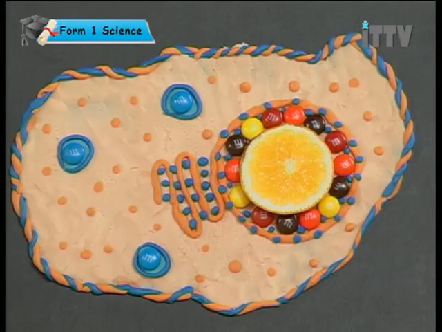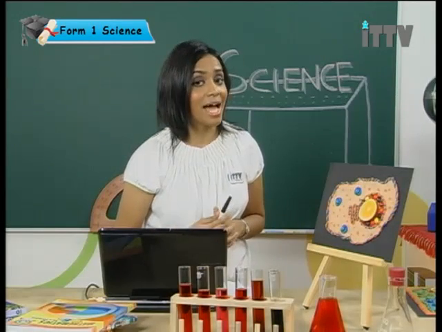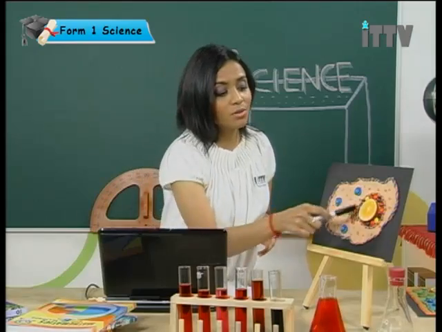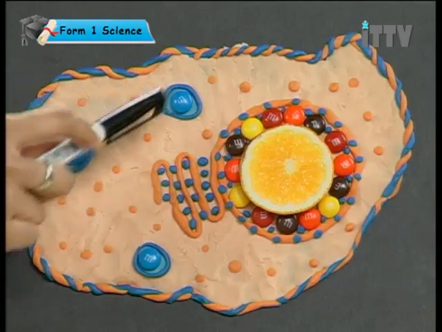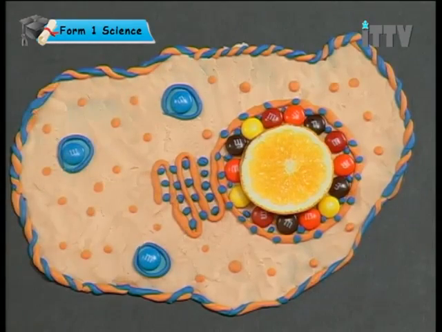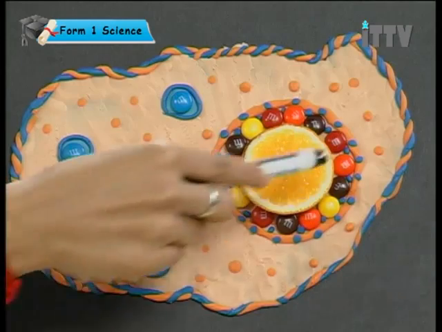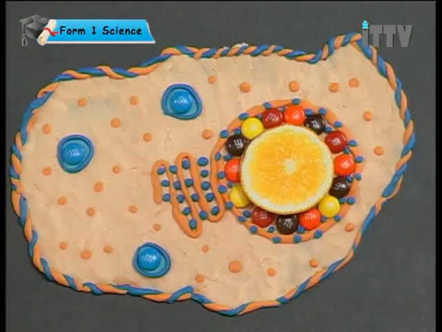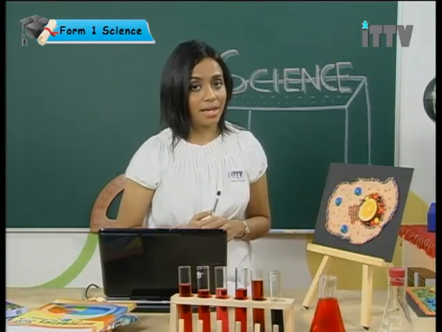So, whenever I remember the oranges, I will remember that animal cells have a nucleus. The small blue M&Ms here I have used to represent the small tiny vacuoles which animal cells have. These colorful M&Ms also resemble the layer of the nucleus. Remember that the nucleus is always covered by a layer.